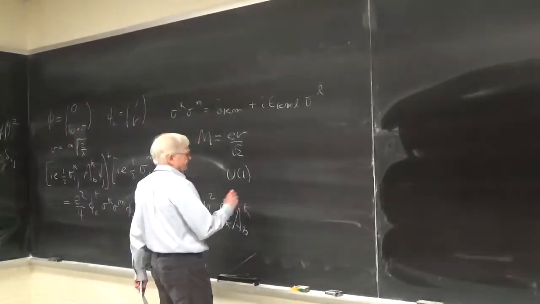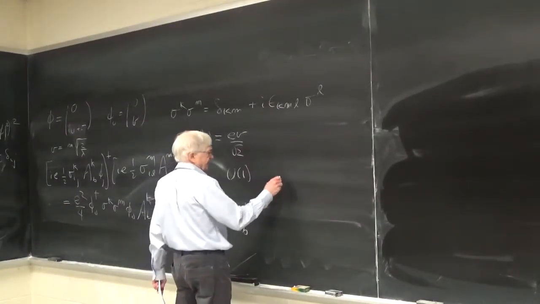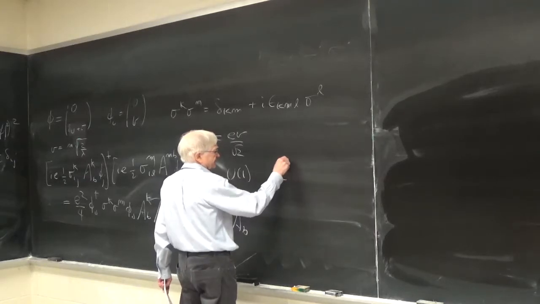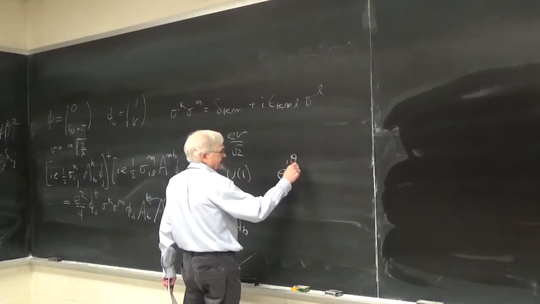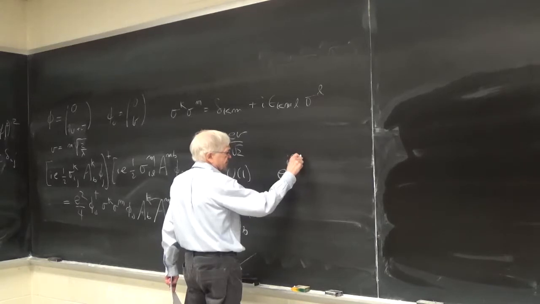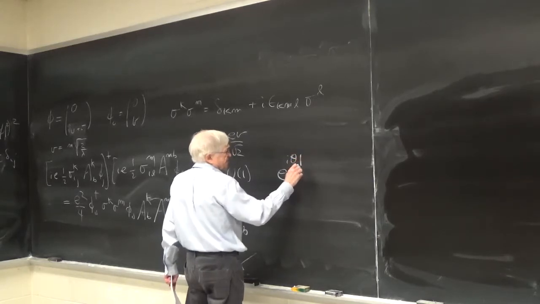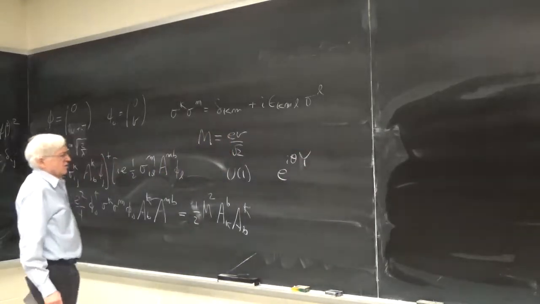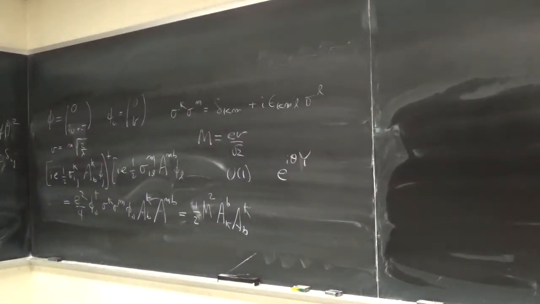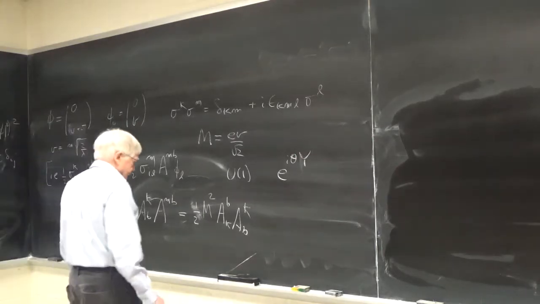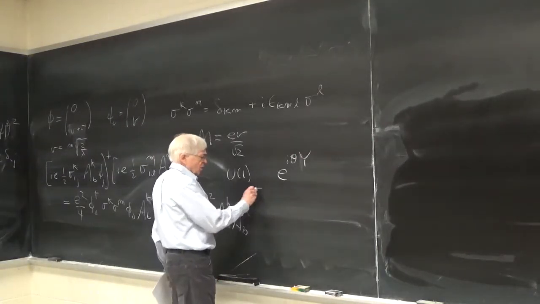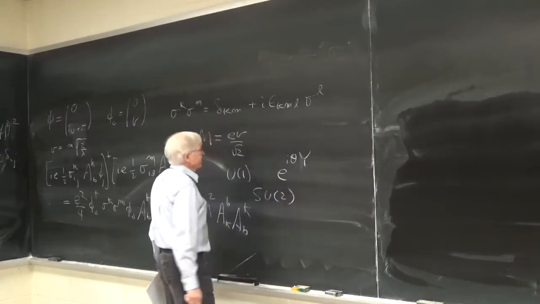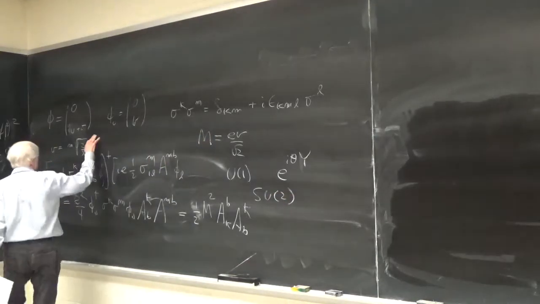The extra U(1) is e to the i theta times a generator, and the generator in this case is called Y, or hypercharge. So this is the U(1), and then one has the same SU(2) that we've been talking about here. Maybe I'll talk about that for a few minutes since we're almost out of time.